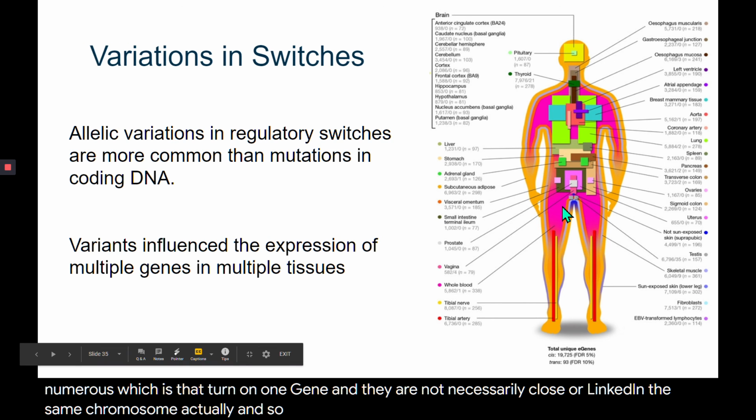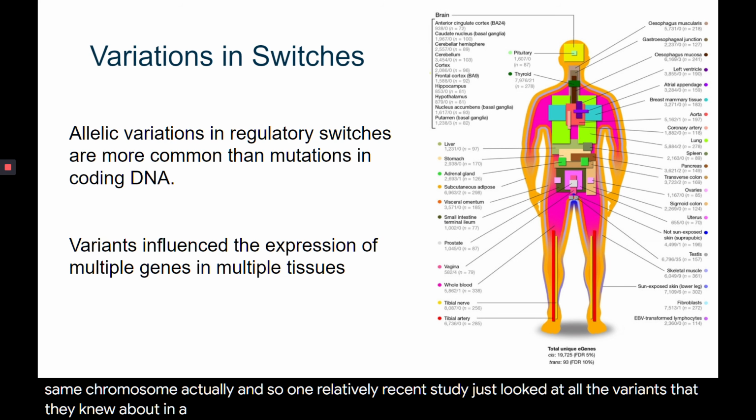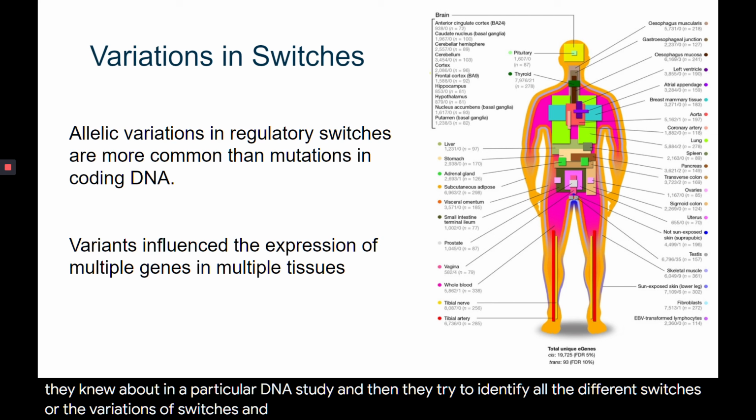And so one relatively recent study just looked at all the variants that they knew about in a particular DNA study, and then they tried to identify all of the different switches or the variations of switches in a bunch of people, basically.